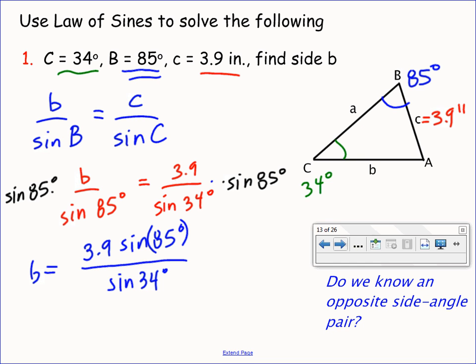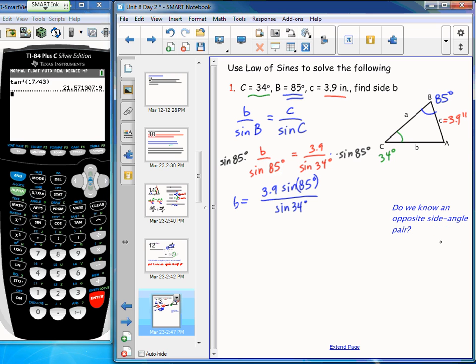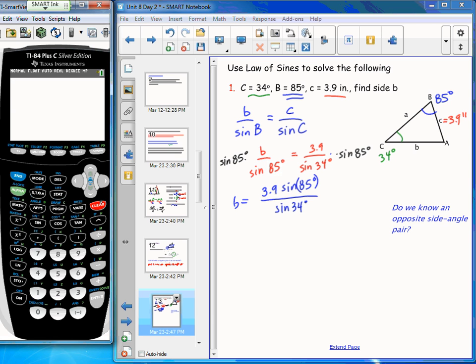Let's go ahead and see what our approximation is then. First, I'm going to do it the way that we wrote in red. I'm going to clear that out first, so we're ready to go with the new slide. I'm going to do 3.9 times sine of 85, close angle.